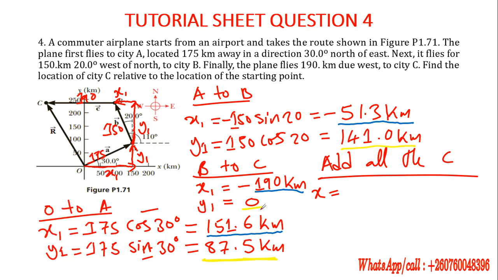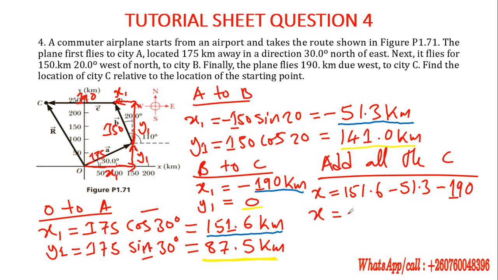So let's add these ones in blue now for x. We have 151.6, plus, positive and negative so minus, 51.3. Then the other one is this one here, which is negative 190, because positive and negative gives negative.